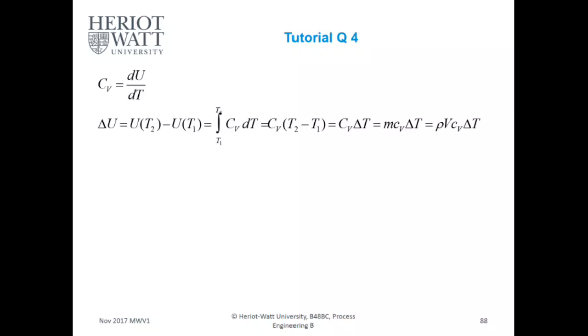Remember CV, your heat capacity at constant volume, equals the change in internal energy over the change in temperature. And hence, your change in internal energy equals the change in U, which is your internal energy, multiplied by T2 minus T1.